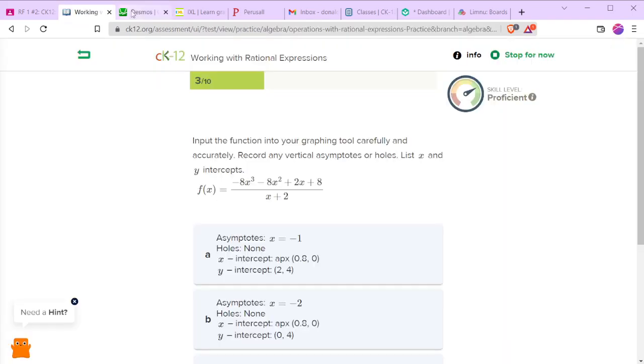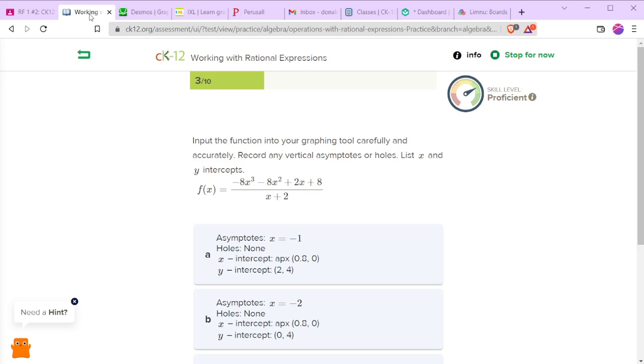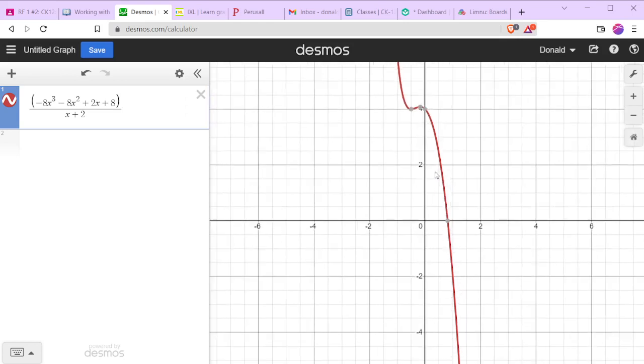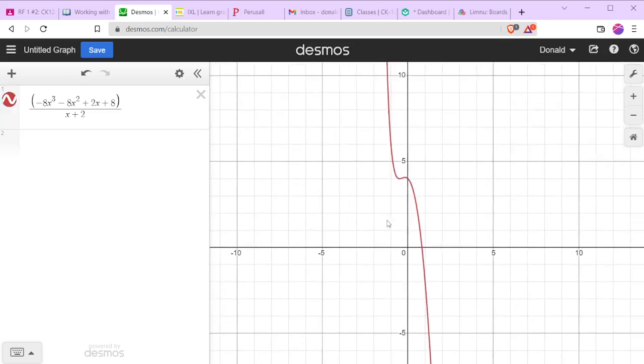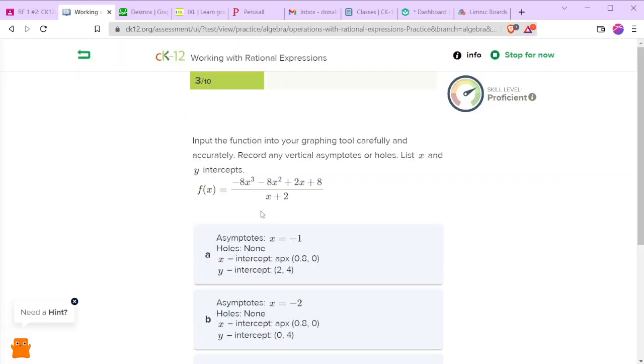And our denominator is x plus 2. There we go. So now, any asymptotes that we have, we don't seem to have any asymptotes. This has just become a somewhat typical looking cubic equation with a single root.